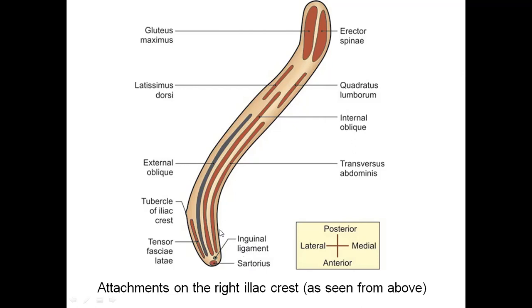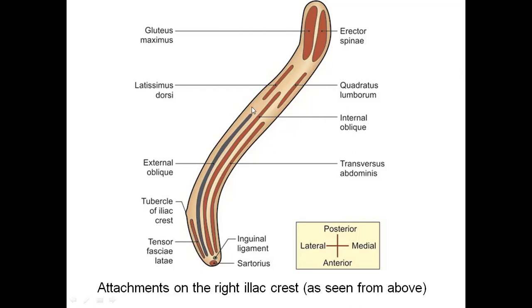Now in the ventral segment, from the inner lip to the outer lip, what are the various muscles attached? We have transversus abdominis. In the intermediate area, we have internal oblique. As you move outside, we have external oblique. Then we have tensor fascia lata. That means this is the outer lip.